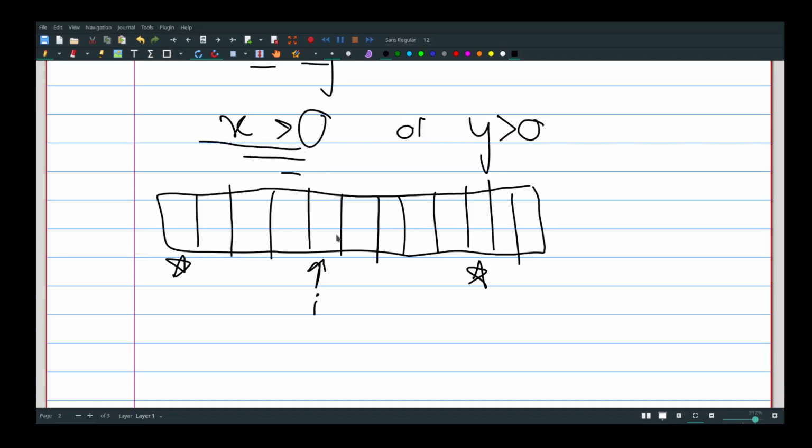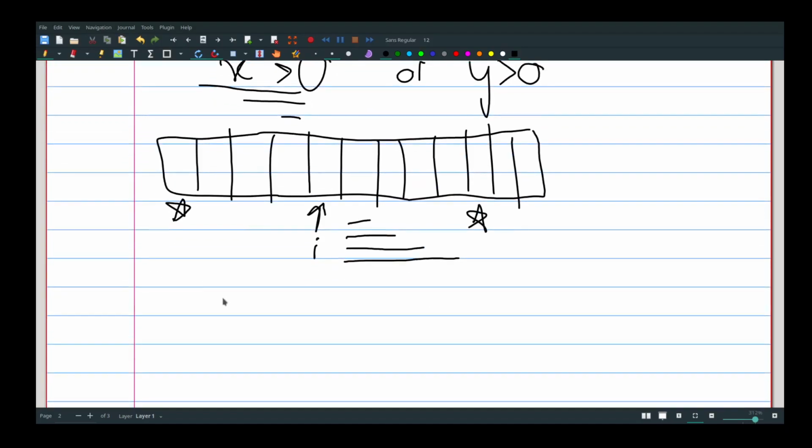All the possible arrays of x would be something of this style, and all the possible y subarrays would be this, which basically indicates that the x subarray has to end at index I minus 1, while the y subarray has to start at index I plus 1.